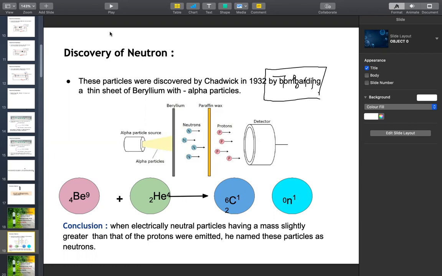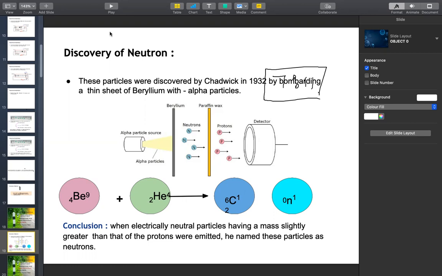This means the mass of an atom is mainly because of protons, as of now. Then hydrogen was checked, and the hydrogen atomic mass and the proton mass are the same, so hydrogen's mass is only because of its proton.